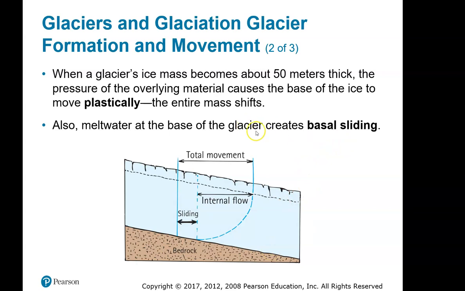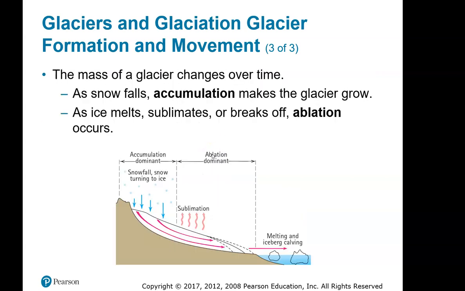That water melt at the bottom is called basal sliding, and that's one way in which these things move. Of course, the big thing is gravity. Gravity is the thing that causes the glaciers to move.